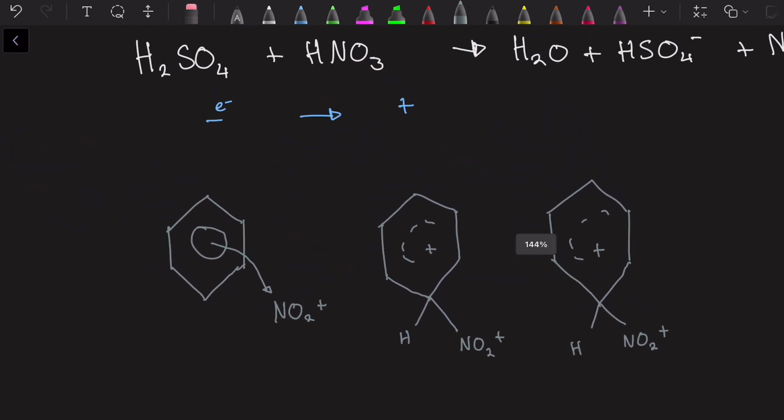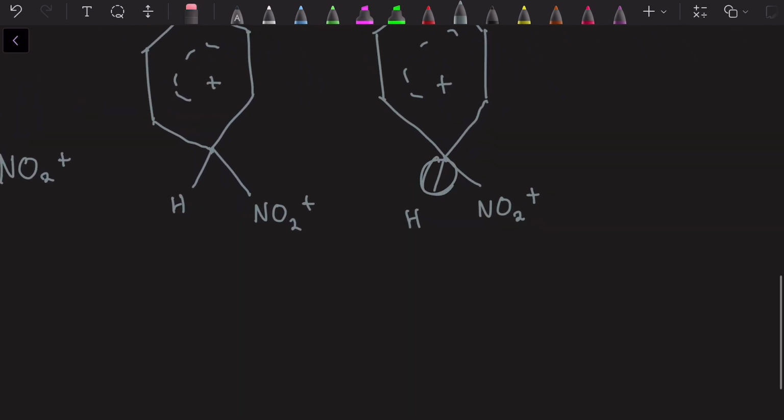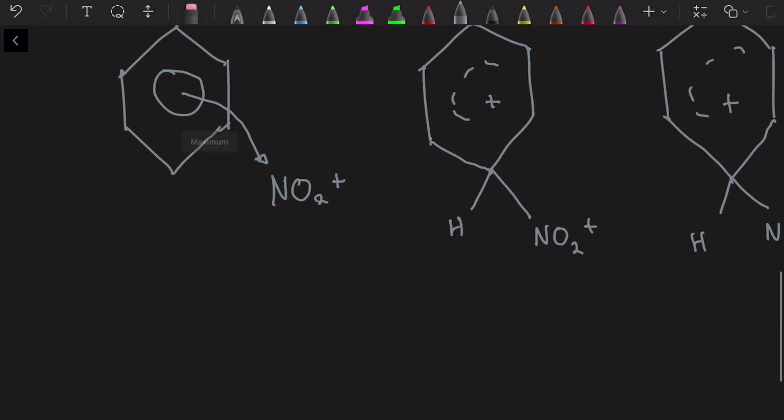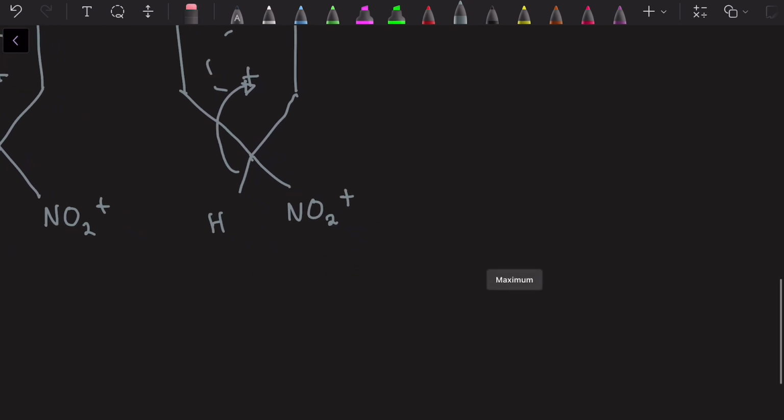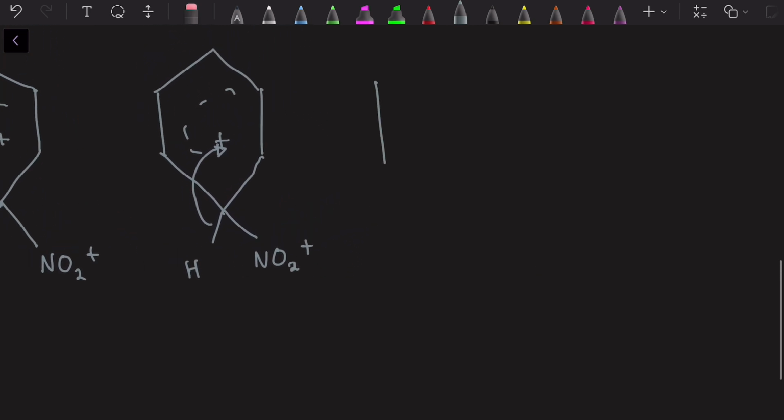Again, it's negative to positive. There are electrons in this bond, so we give them back to that positive center because it wants to get to this stable arene ring. So our final drawing is this: it got its ring back, it has NO2 on it, and we do plus H+.